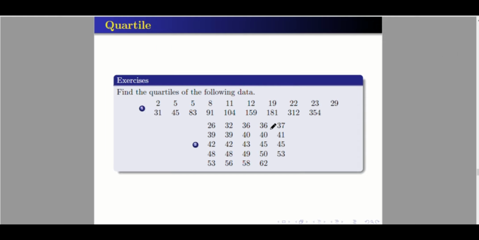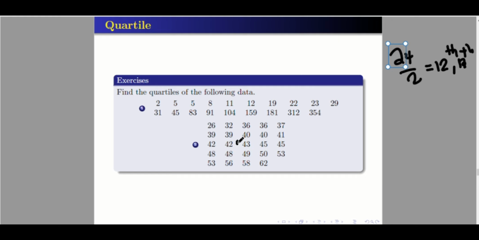Okay, next example. So we have 5, 10, 15, 20, 24. So 24 divided by 2, this is 12. Since this is even, the median is shared by the 12th and the 13th data. So 1, 5, 10, 12, 13.